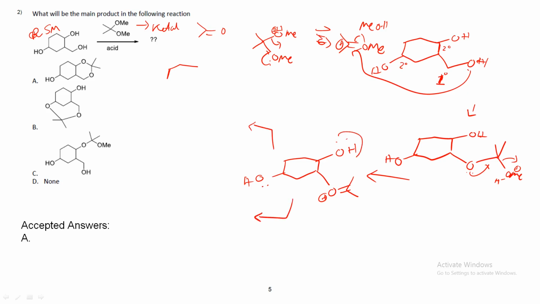So let's look at both the possibilities. Let's say at first this OH is attacking. Then what species will you generate? Oh, sorry, here one carbon is missing. CH2, this kind of thing.